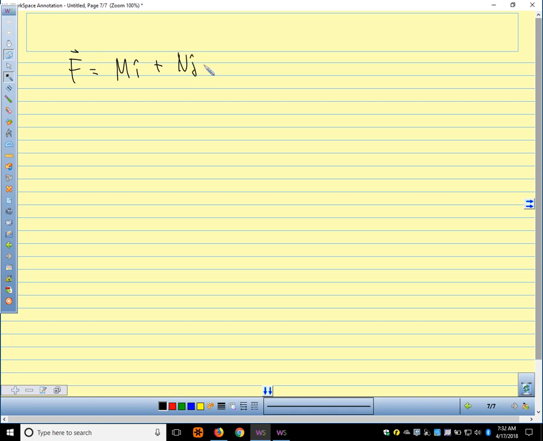If we had three dimensions, we would just have another component. And we're going to say our curve is given by a vector valued function r of t, which is x of t i hat plus y of t j hat.